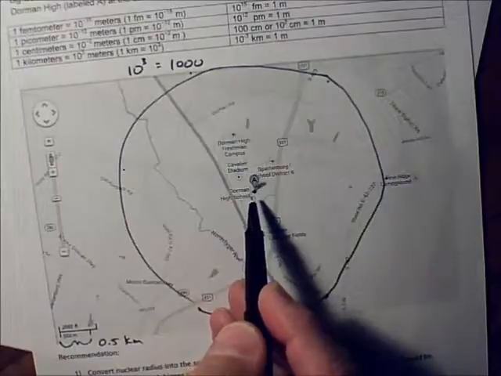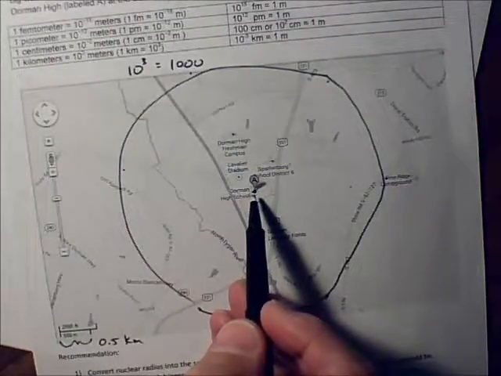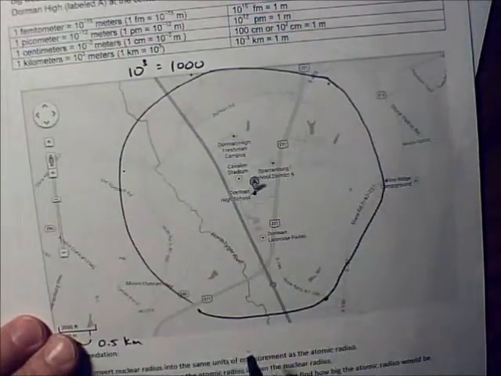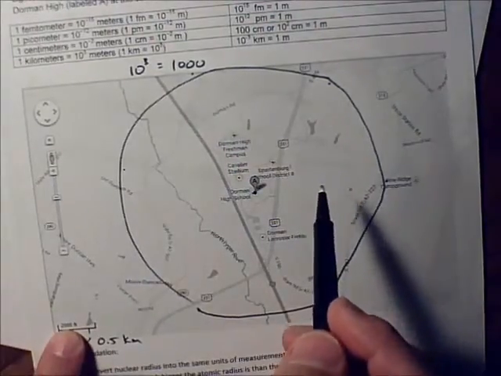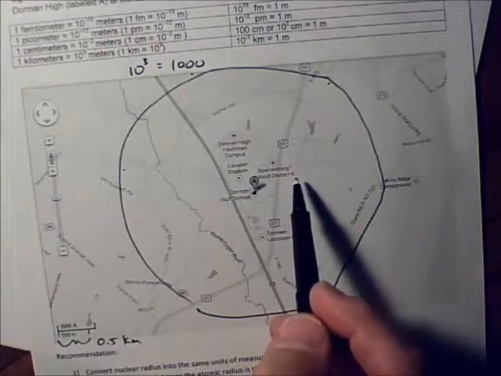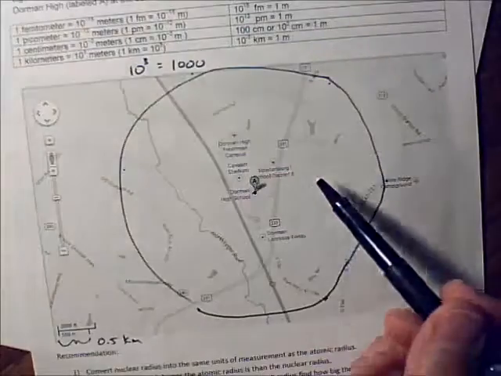So if you put a baseball on the floor in the lobby of Dorman High School, and that were a nucleus for a carbon-12 atom, this would be how big the atom would be. And there's only how many electrons in a carbon atom? 6 is right. There's 6 protons, 6 electrons.